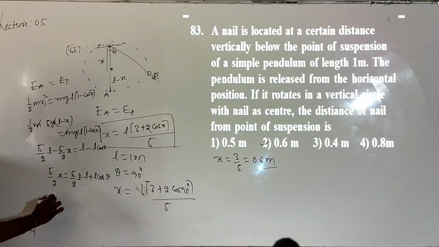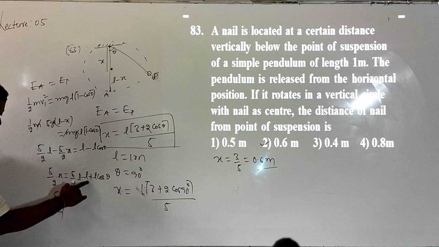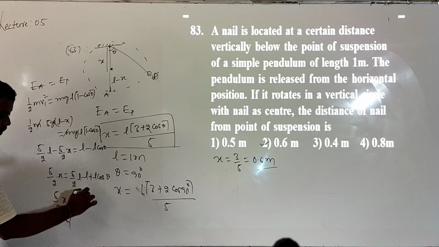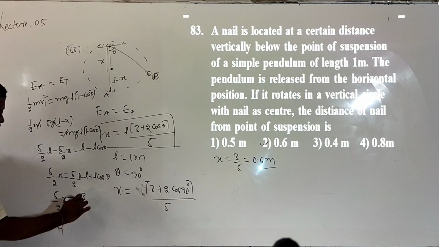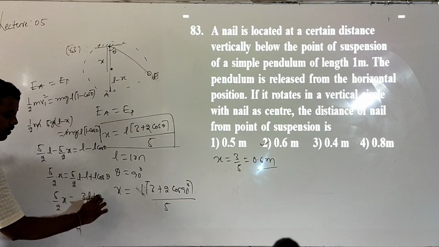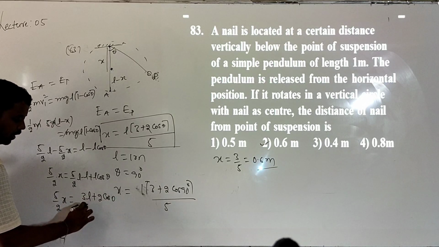So 5 by 2 into x is equal to, taking LCM 2 for these two, 5 minus 2, that is 3, so 3 into L, and 2 into cos theta, divided by 2.